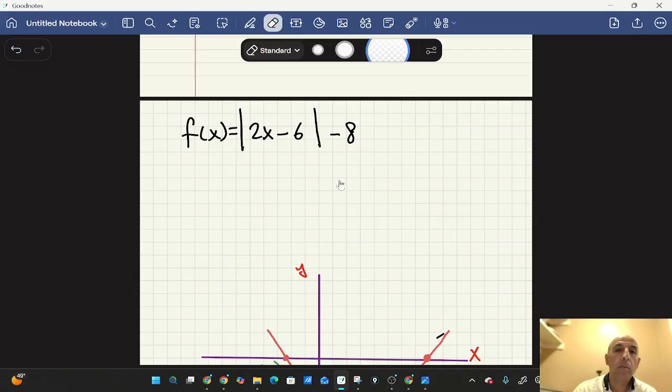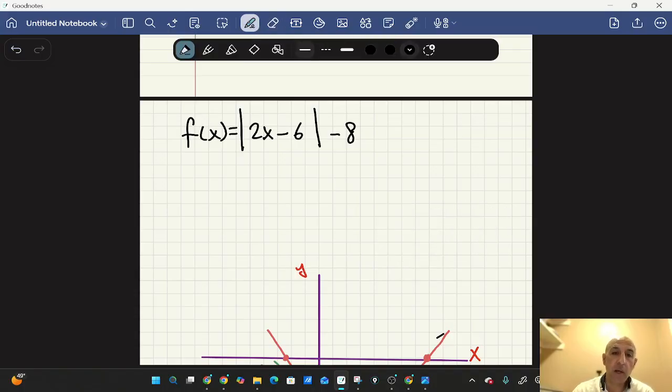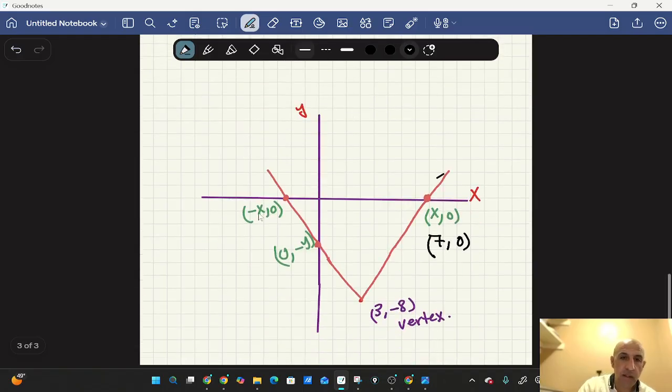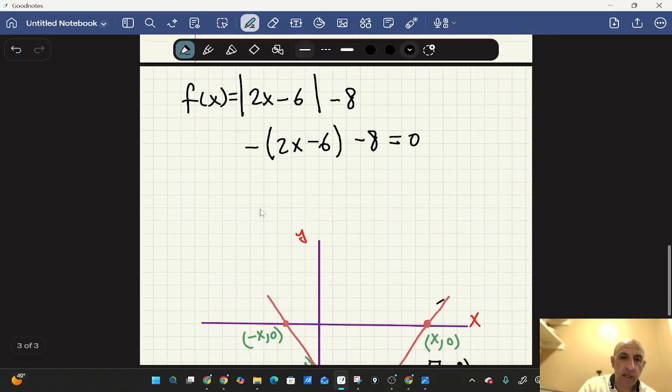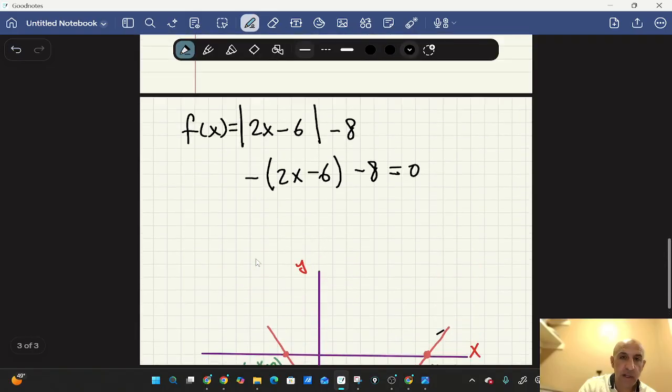By the definition of the absolute value, we also need to take something different, which is the negative: negative of 2x minus 6, minus 8, equals 0. I'm trying now to find this value here because I'm taking the negative side.